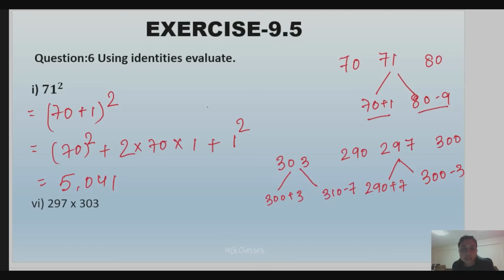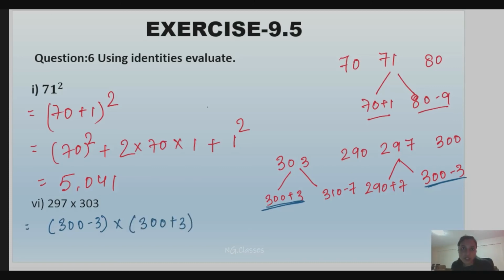Now among these representations, we will search for the common one. So I can see 300 plus 3 and 300 minus 3. These two are common. So we will write 297 as 300 minus 3 and 303 as 300 plus 3.